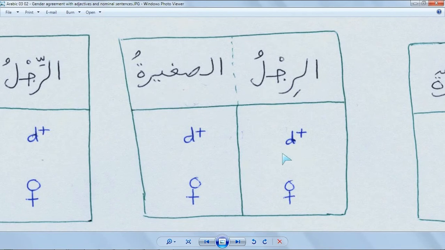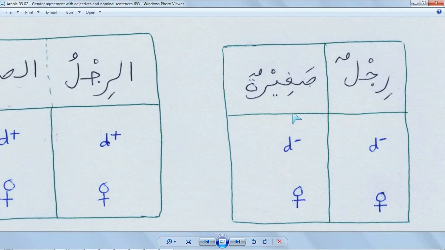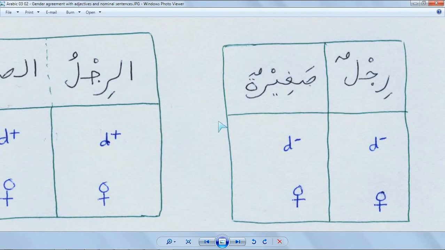This time both happen to be definite, and again if this is female, this has to be female. So this means the small leg, literally the leg, the small leg. The previous phrase was a small leg.